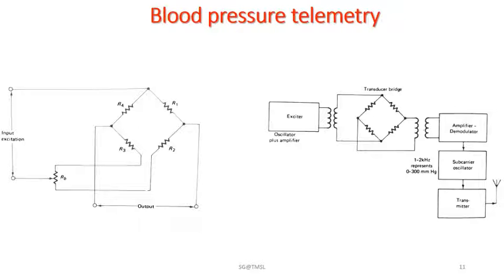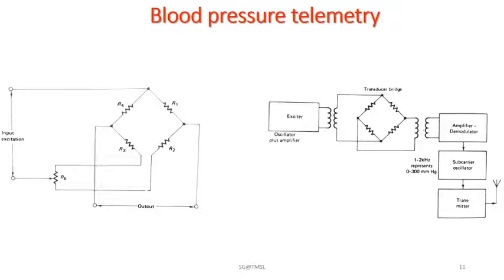The subcarrier frequency range is approximately 1 to 2 kilohertz, which represents the range from 0 to 300 millimeters of mercury. That is the pressure which is to be measured.